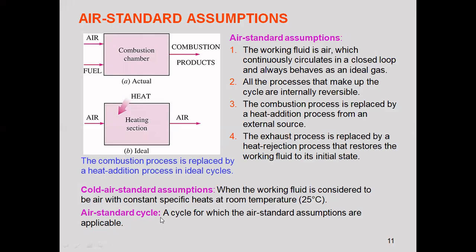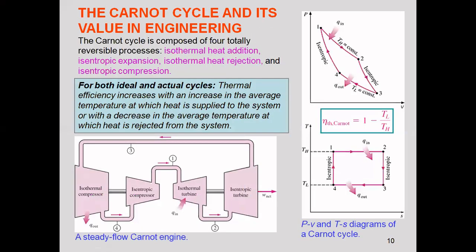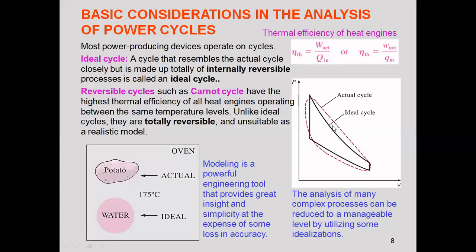So why do we actually analyze or study the air standard cycle? That may be a question, because if it is too simplified, it does not represent the actual cycle. In the earlier figure you have seen many deviations.